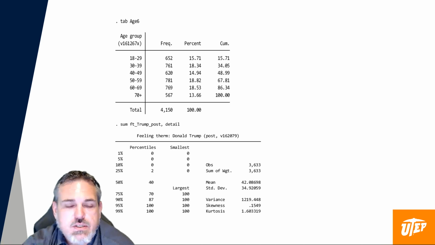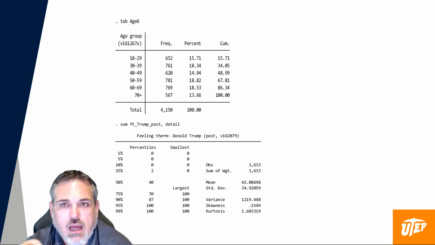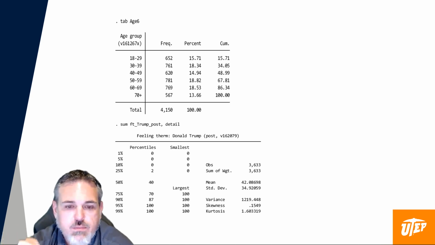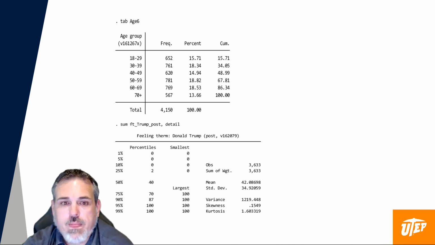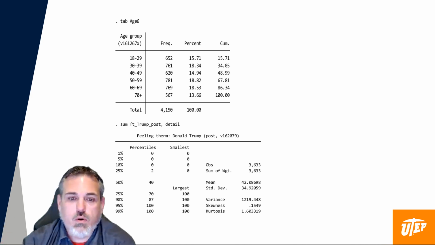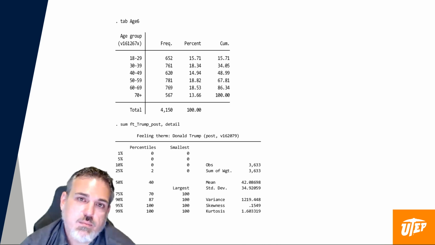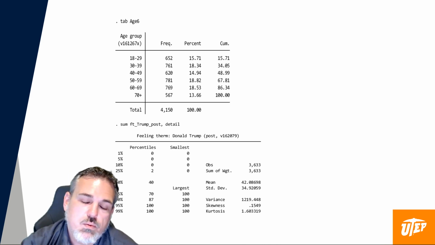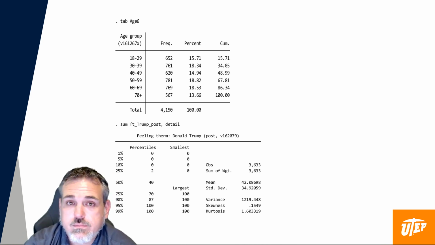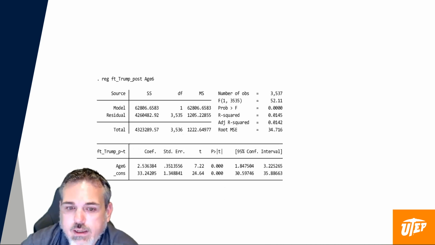So let's assume that age has an effect on whether you approve or disapprove of President Trump. Let's say that the hypothesis says that individuals who are more elderly are more likely to approve of President Trump than individuals who are younger. Let's see what that would look like.